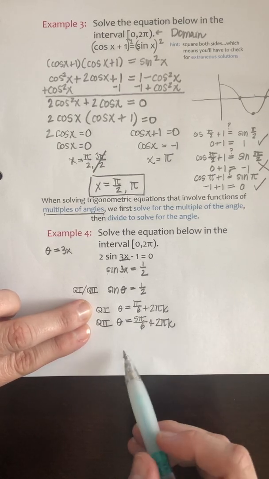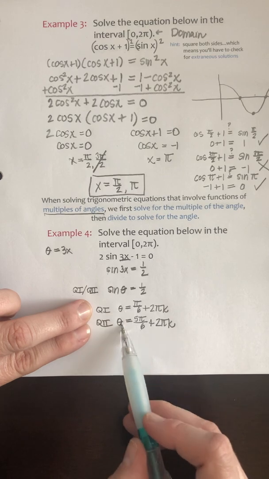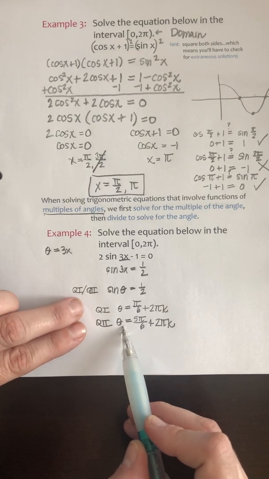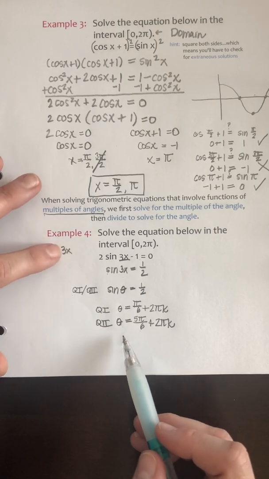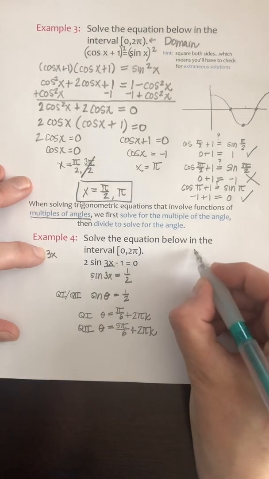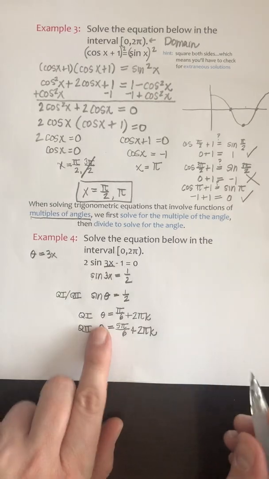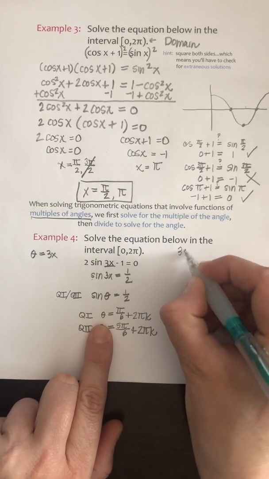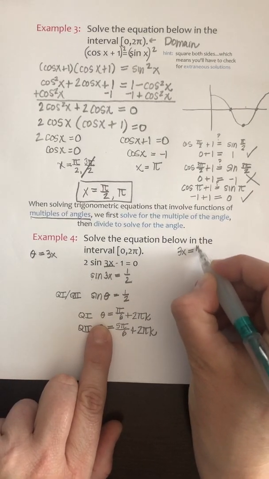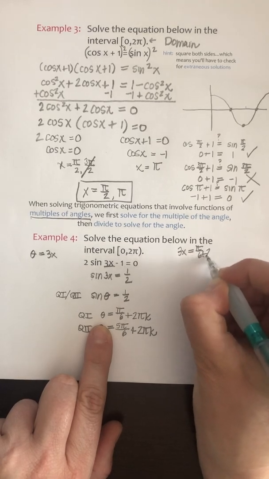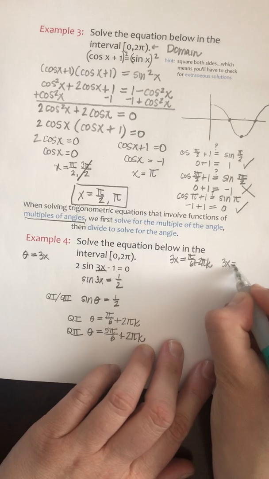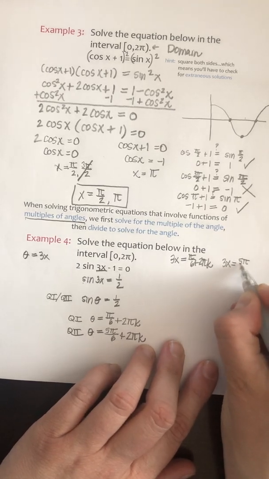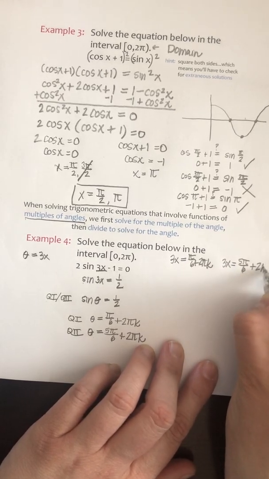But the reason that I'm not done is that in our problem, we actually don't have theta, do we? We put the theta in place of 3x. So I'm going to come over here and get rid of the theta and now say 3x equals pi over 6 plus 2 pi k, and 3x equals the other solution of 5 pi over 6 plus 2 pi k.